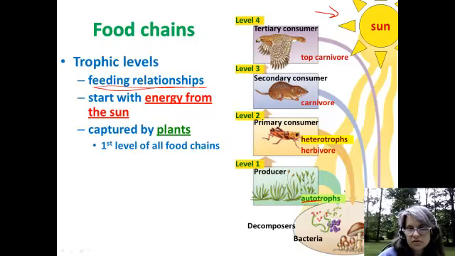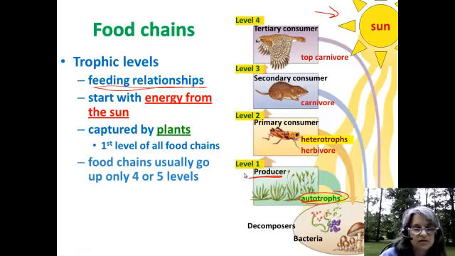That energy is captured by plants or some other photoautotroph like algae or maybe a photosynthetic bacterium. And these producers, these autotrophs that we call producers, are the first level of all food chains, at least here at Earth's surface. Okay? Food chains beyond that usually go maybe 3, 4, 5 levels.